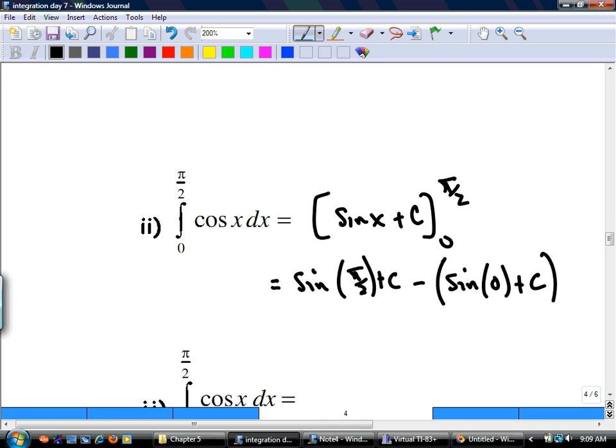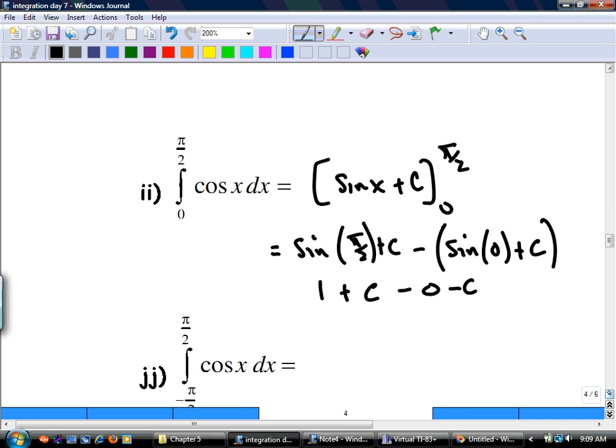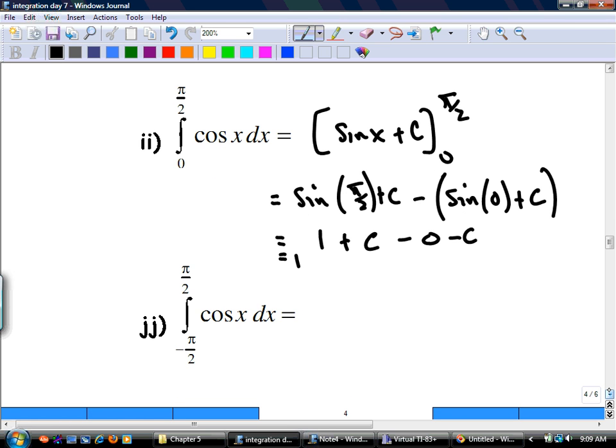What's the sine of pi over 2? It is 1. Good. 1 plus c. Sine of 0 is 0. And you get an area of 1. No, just 1.